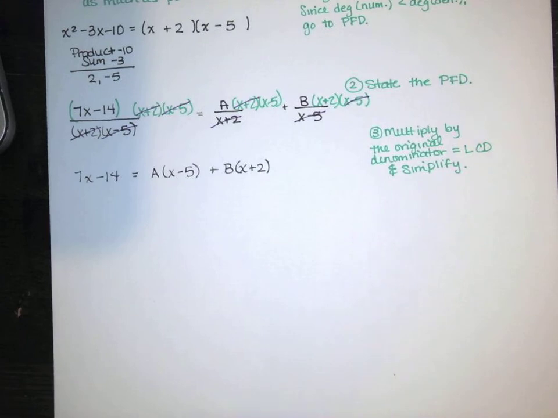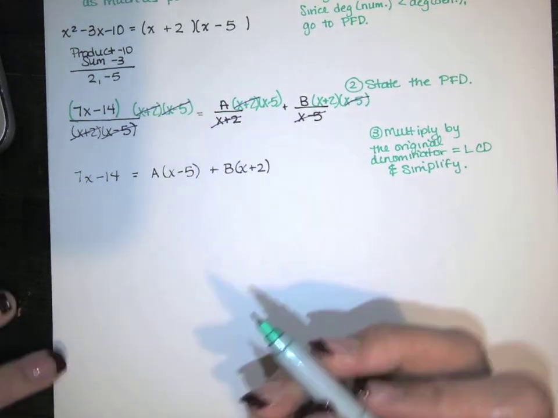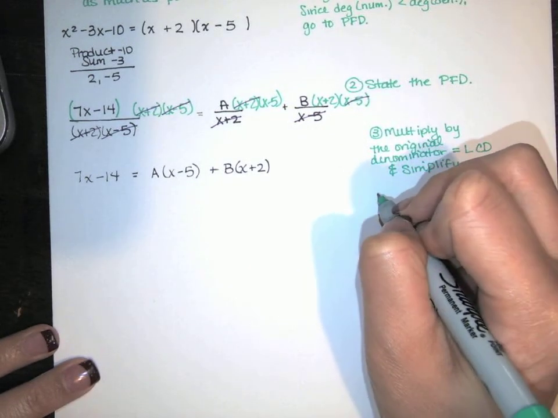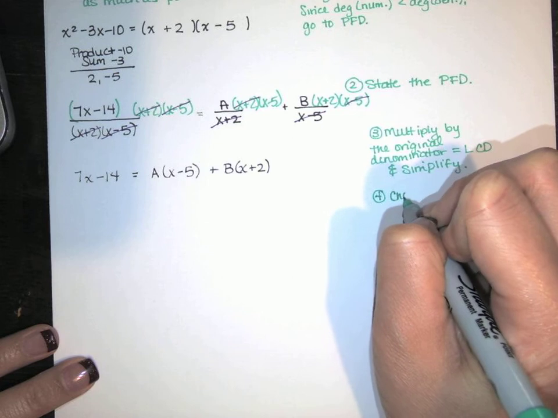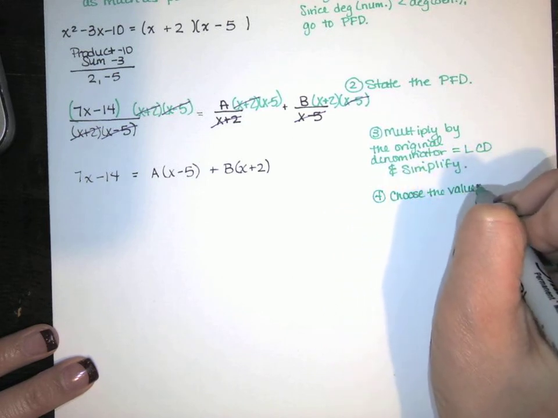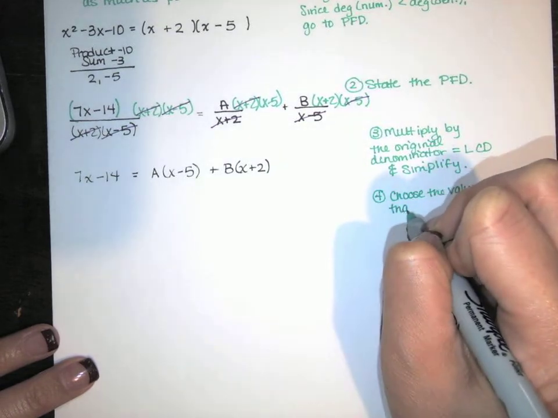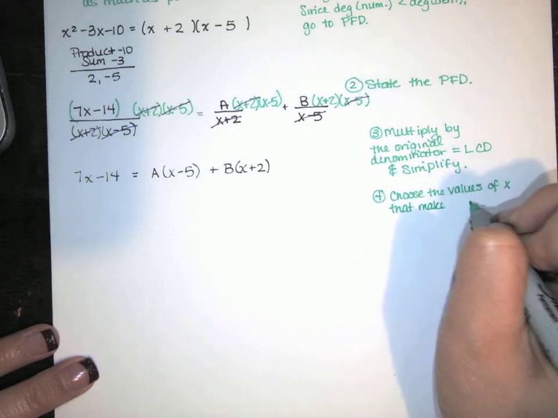In order to get it down to one equation with one unknown so that we can solve for a, or one equation with one unknown so that we can solve for b, we're going to do the following. You're going to choose the value of x. I'm going to say values of x that make each factor 0.